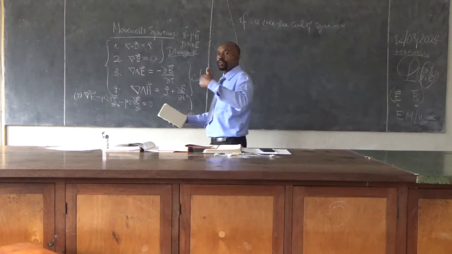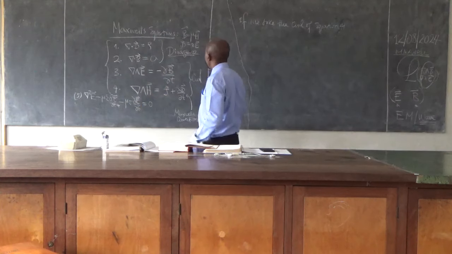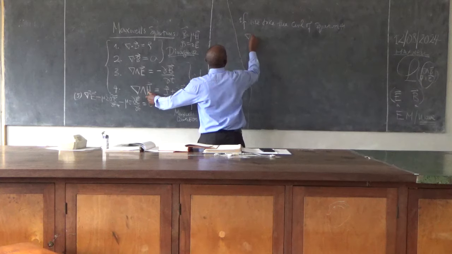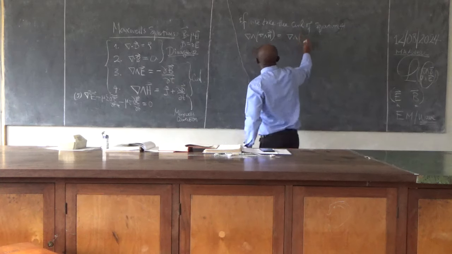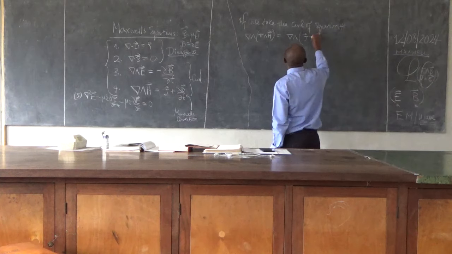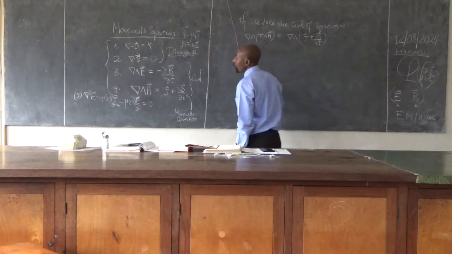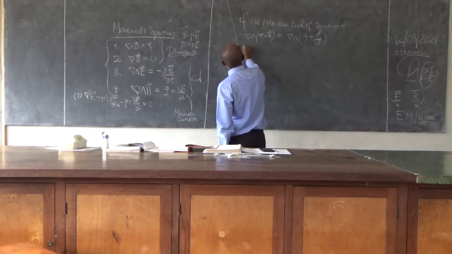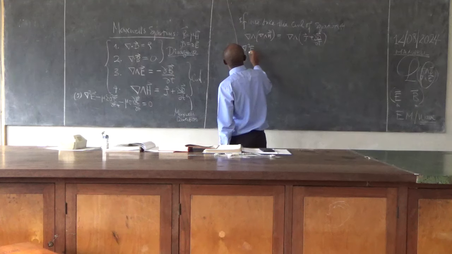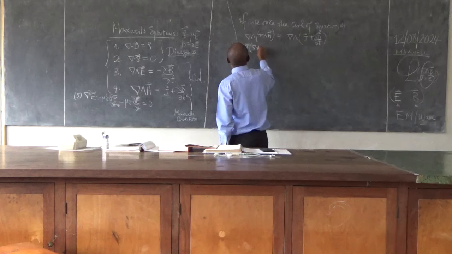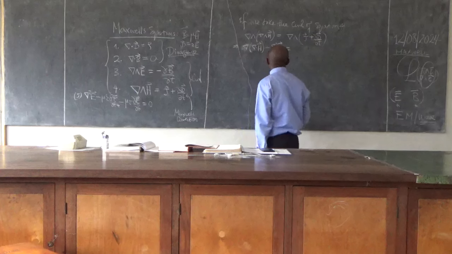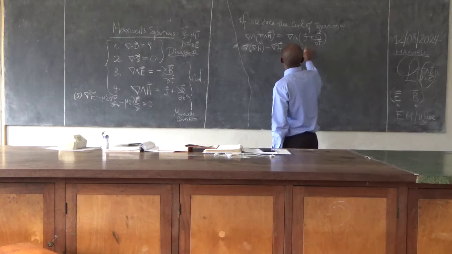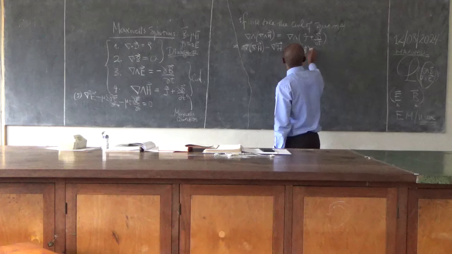So I call now the equation 4. That means I take the curl of H being the same as the curl of J plus ∂D by ∂t. We've already said that this one becomes grad divergence of H minus grad squared H being the same as the curl of J. How do we call this in mathematics?